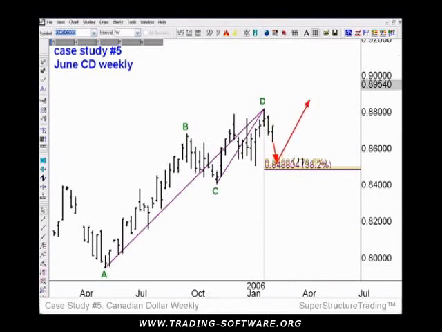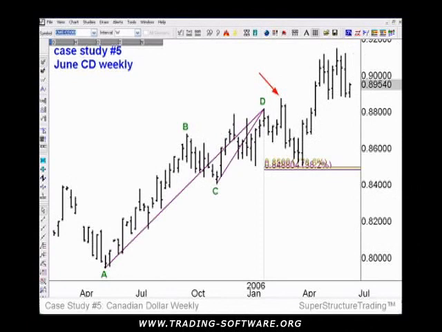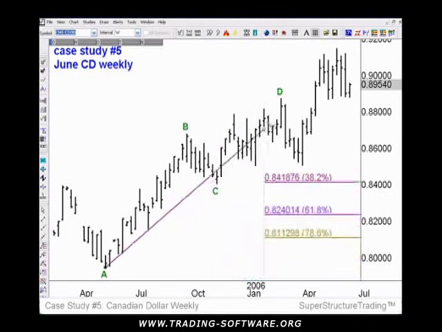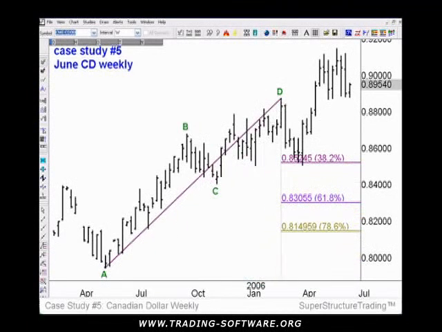But as you can tell, from the drop of that particular pivot high that we now call D, price doesn't hit those averages. Instead, it makes a higher high. So now this becomes our new point D. We're trying again because C to D is still less than A to B.